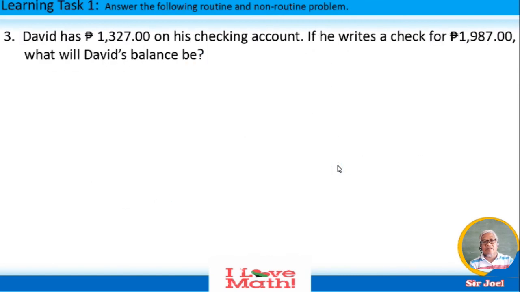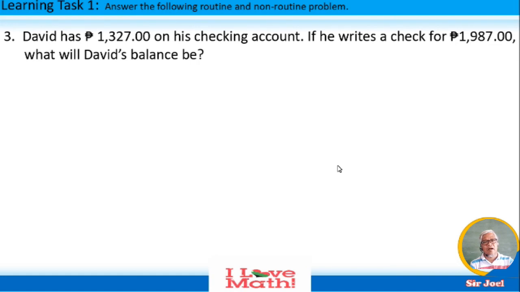Problem number 3. David has 1,327 pesos on his checking account. If he writes a check for 1,987 pesos, what will David's balance be? So the given here is 1,327 and 1,987. In this situation, si David daw ay meron lamang na 1,327. Pero ang sinulat niya is 1,987.